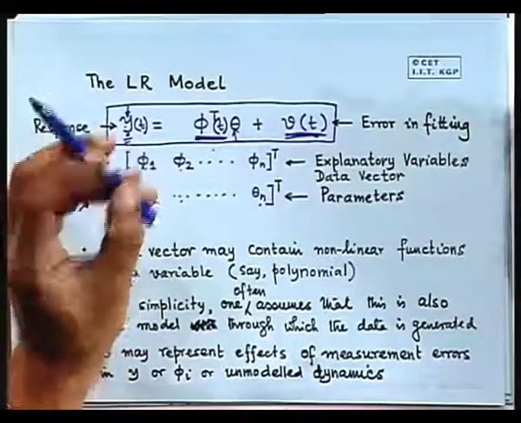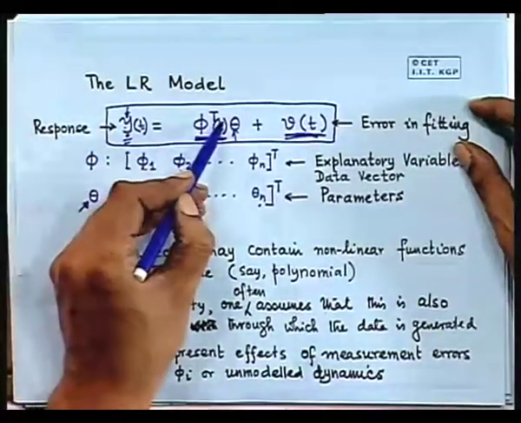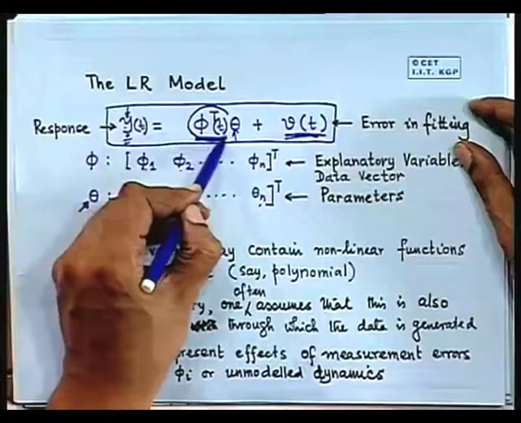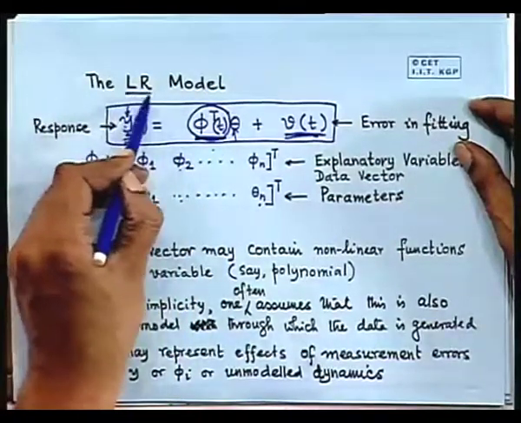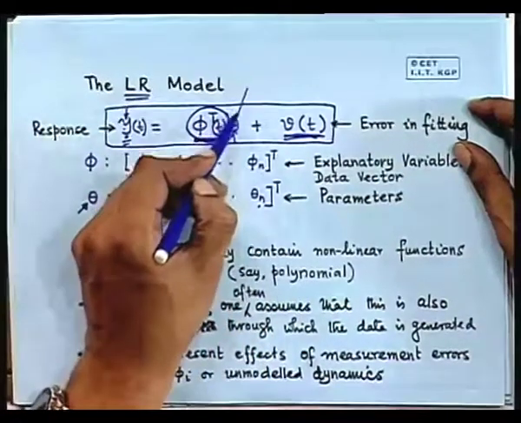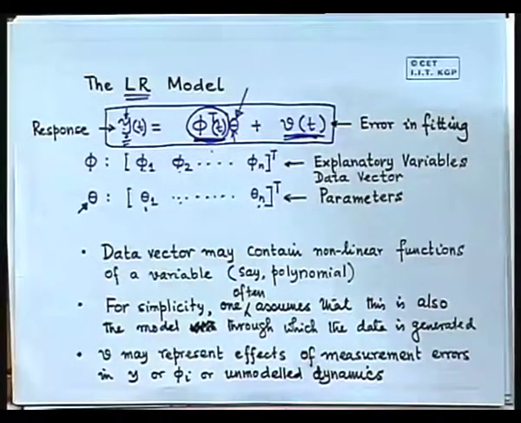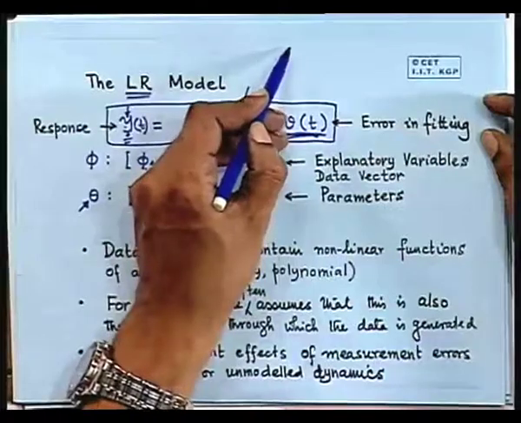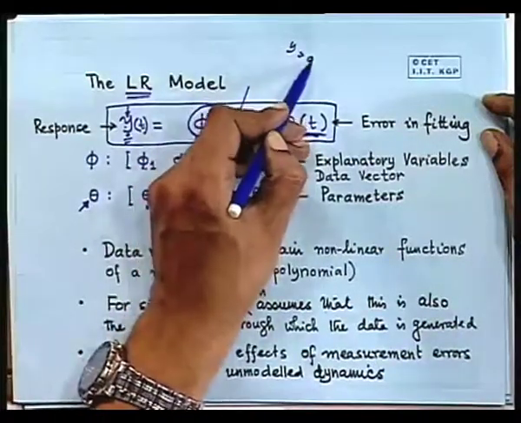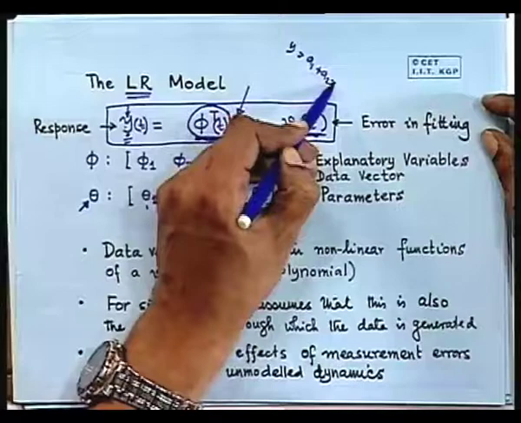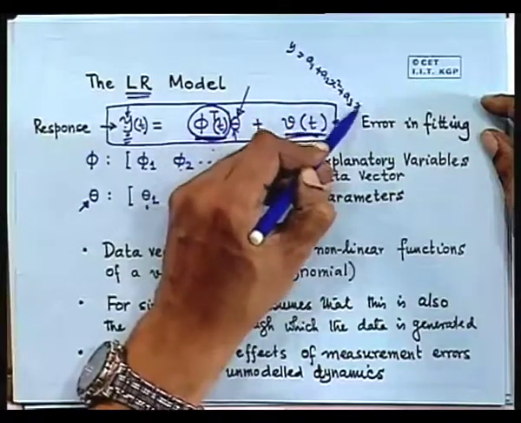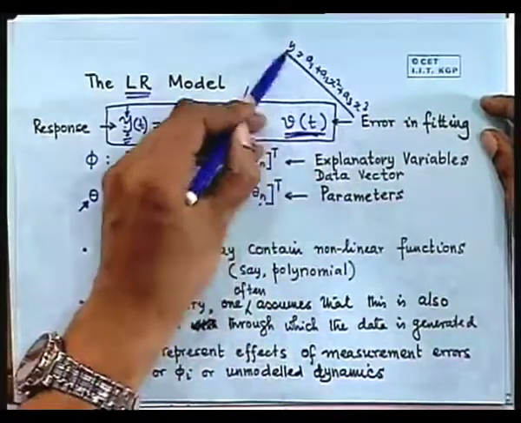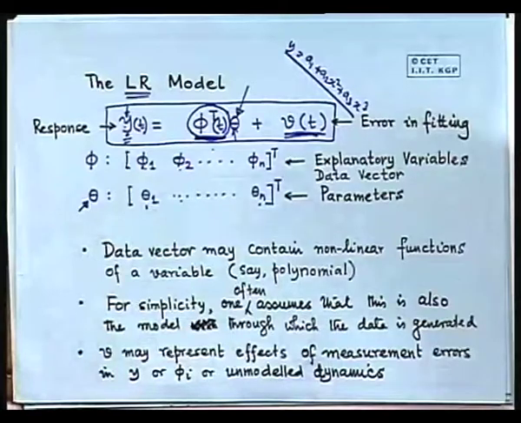The second thing that I want to mention is that when I say linear regression, I mean that it is linear in parameters. A very typical case will be that y is equal to, say, a1 plus a2 x square plus a3 x cube. This is a model which is non-linear in x, but it is linear in the parameters a1, a2, a3.